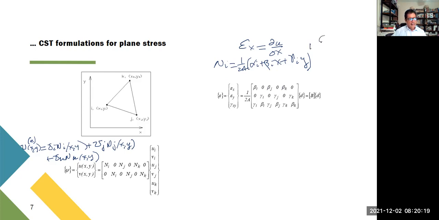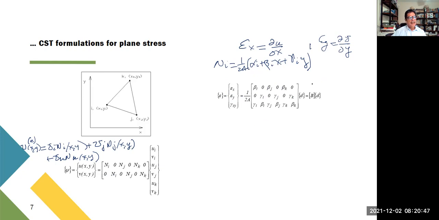Epsilon y is equal to the partial of v with respect to y. So if you differentiate this with respect to y, this term will be 0, this term will be 0, and this is going to be the term which survives. Okay? And as we saw here, this term here is one space to the right. So we have it here, here, and here.